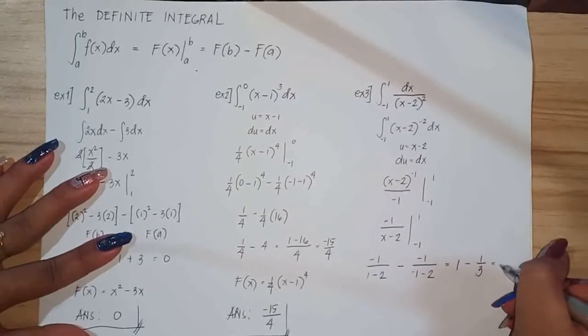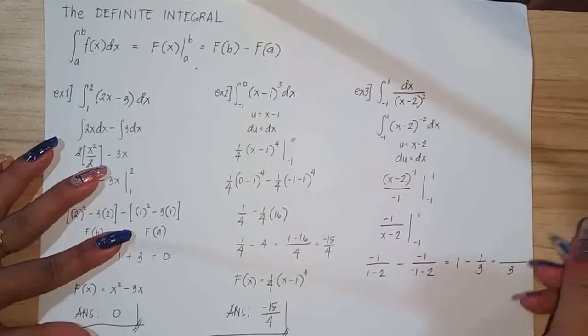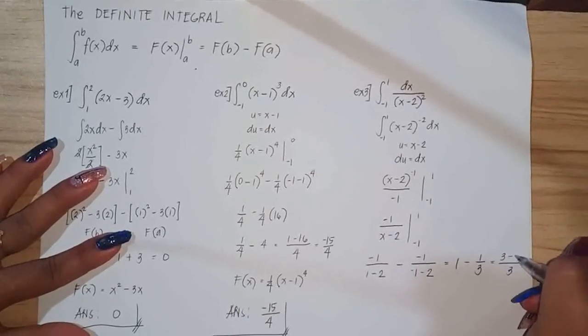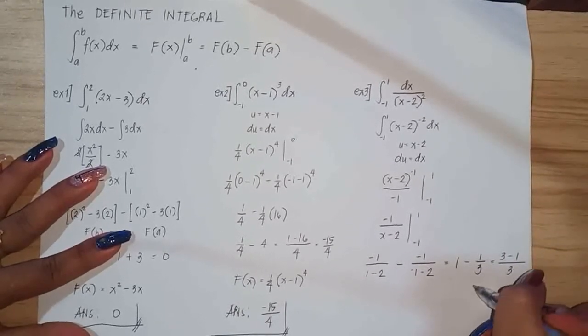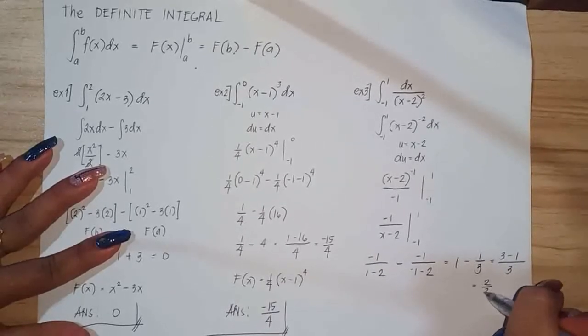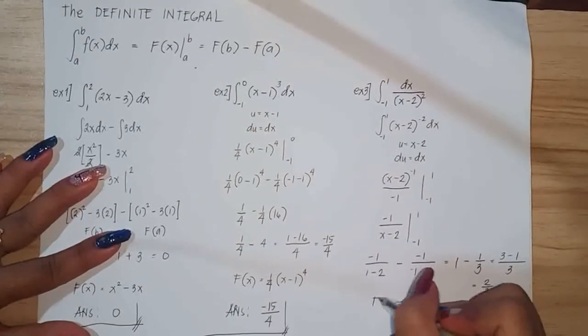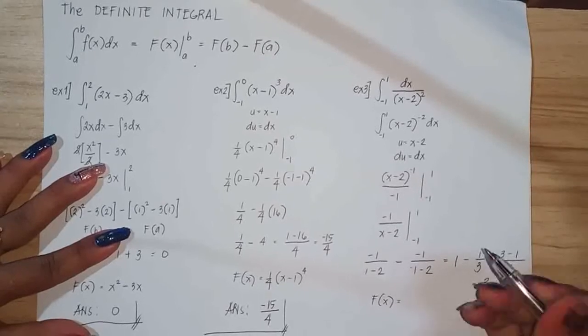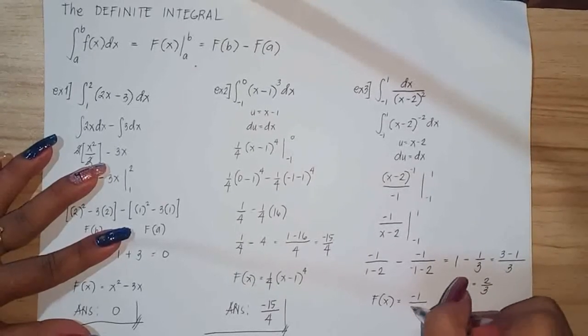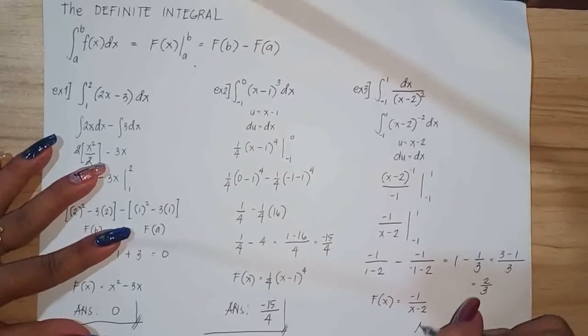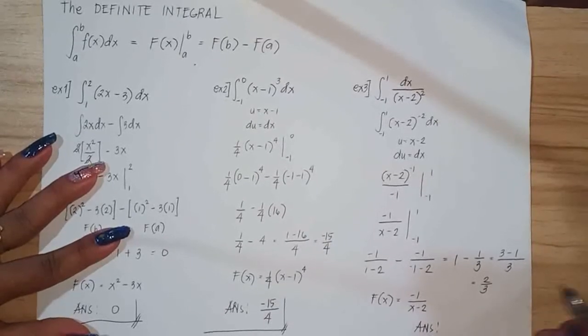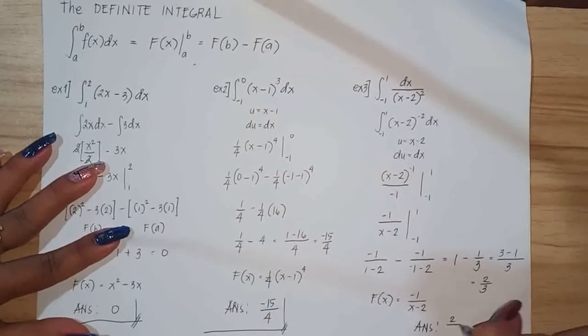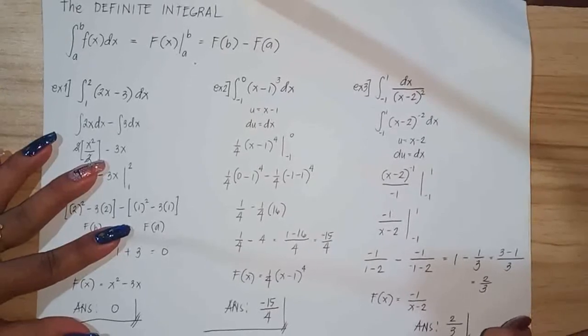Then simplifying this, your denominator is 3. Then you will have 3 minus 1. So that is 2/3. So for your f of x, that is -1 over x minus 2. But for your final answer, the definite integral is 2/3.